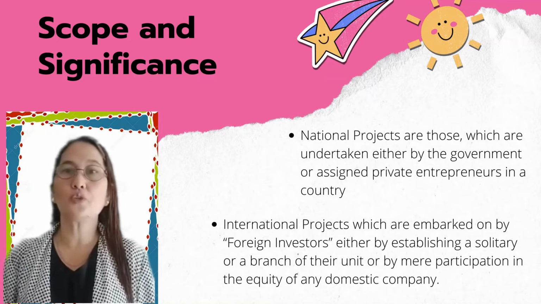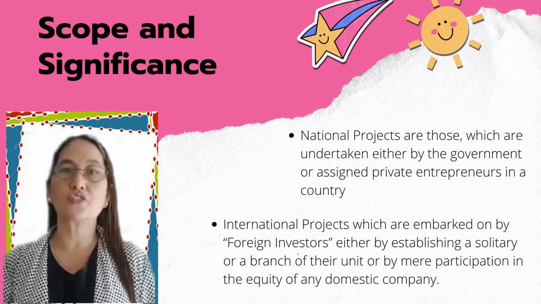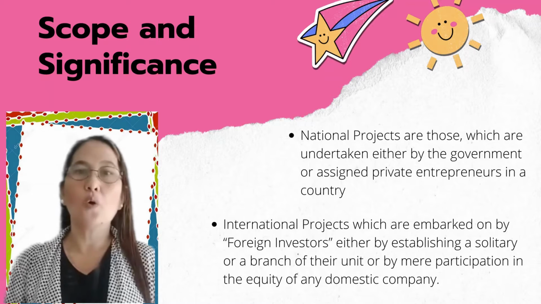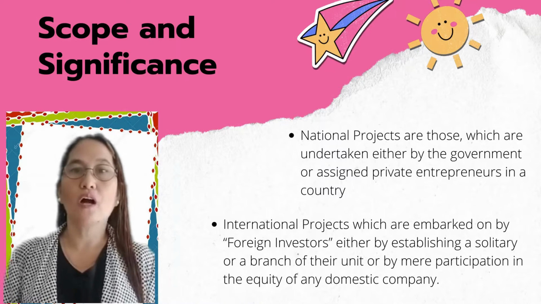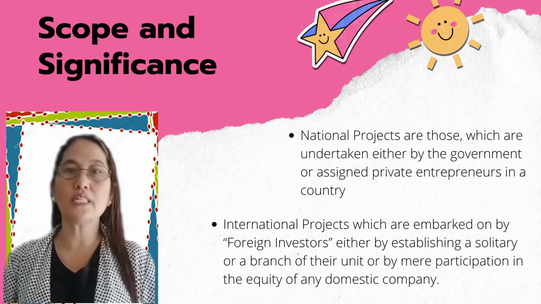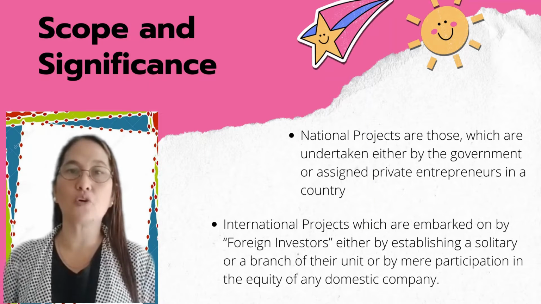While the international project is embarked on by foreign investors, either by establishing a solitary or a branch of their unit, or by mere participation in the equity of a domestic company. These projects can be a joint venture and collaboration between two companies.